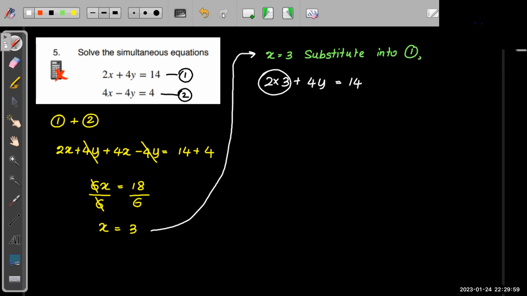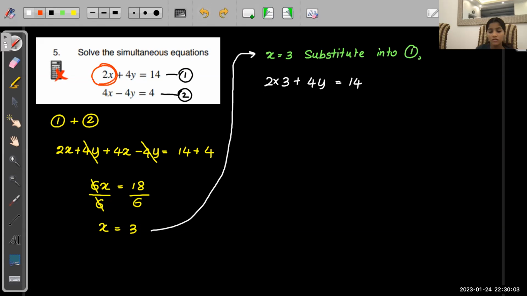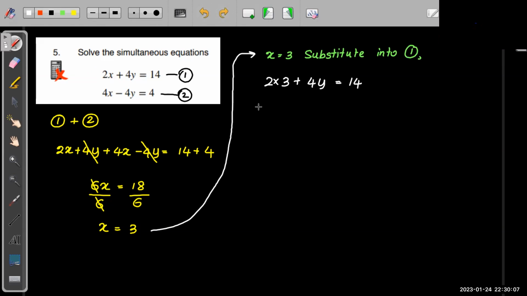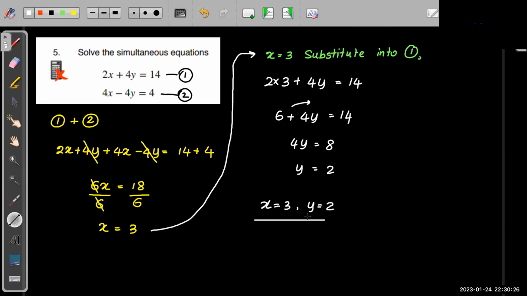I substituted x value over here, right? Then I'm getting 6 plus 4y equals 14. To the side, 4y equals 8, y equals 2. Got it.